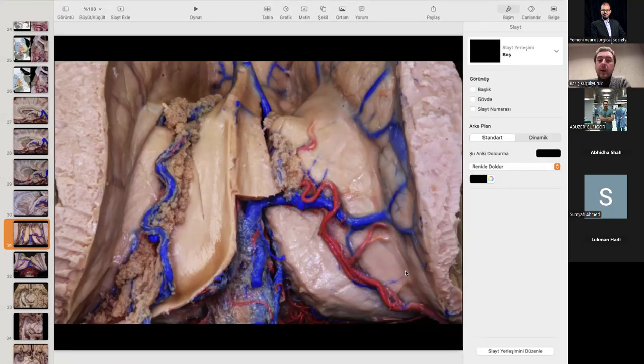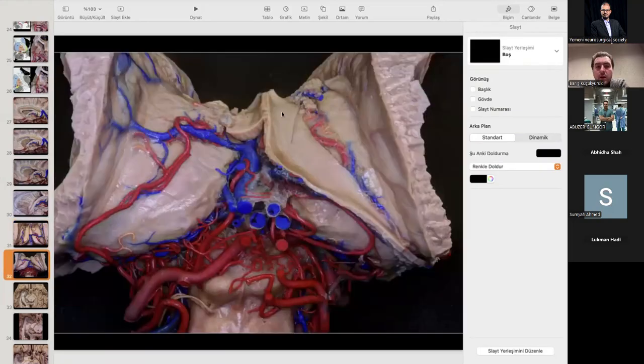I will show this later, but here you see some lining in between the thalamus and the caudate nucleus. There goes the stria terminalis, going to the amygdala in the temporal horn. So let's see a little bit more posteriorly.